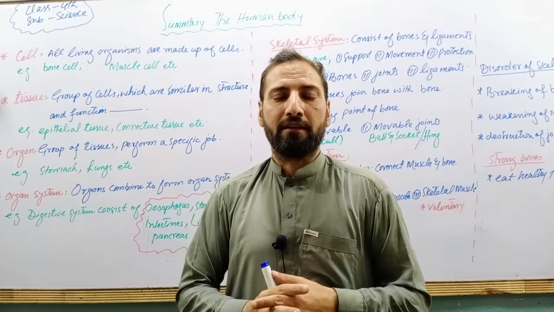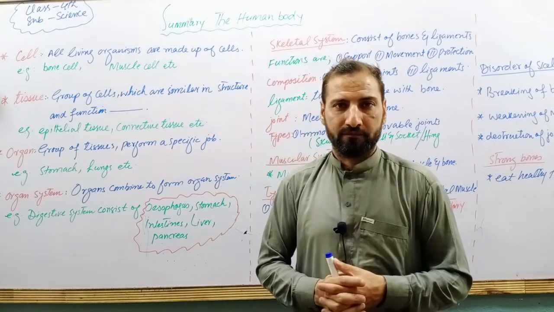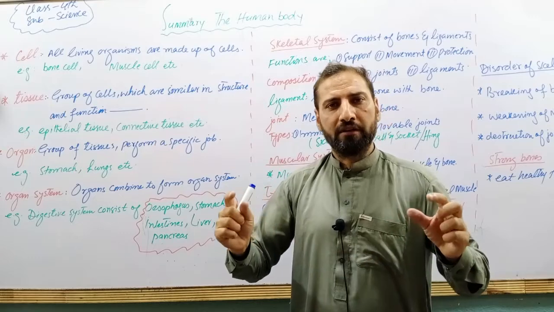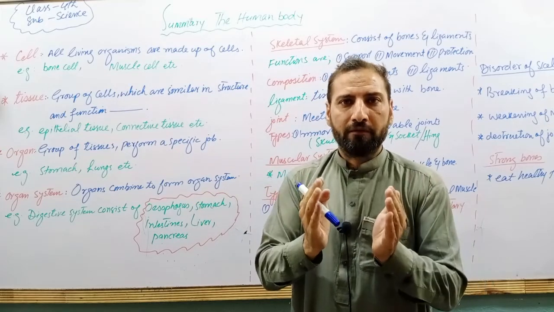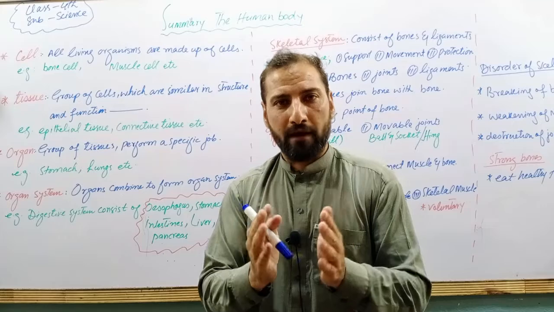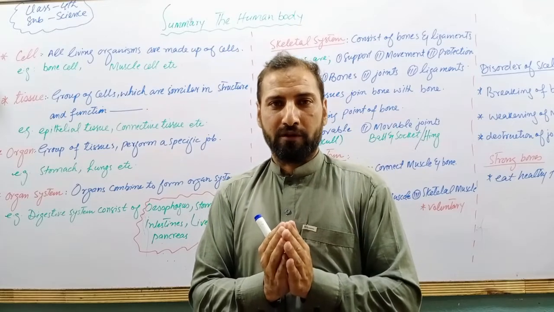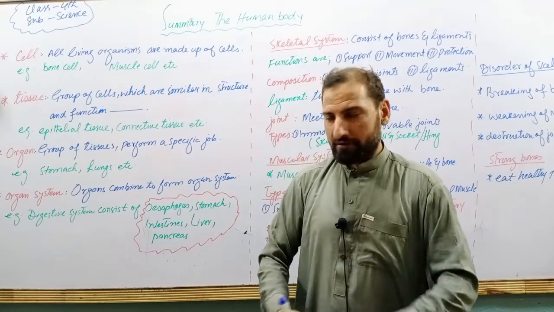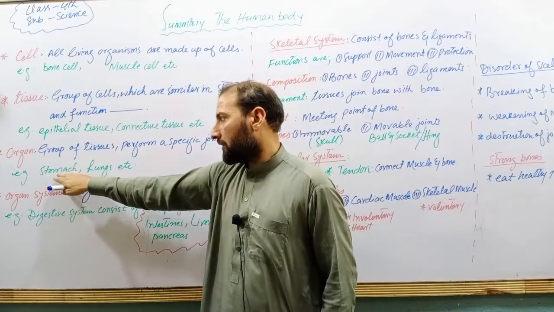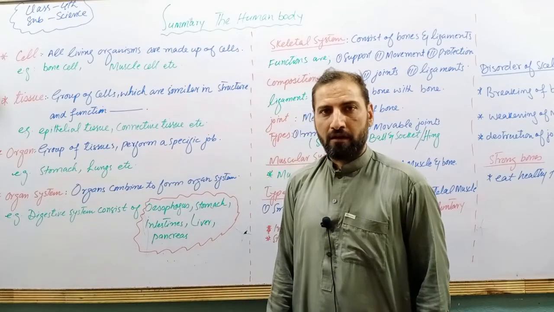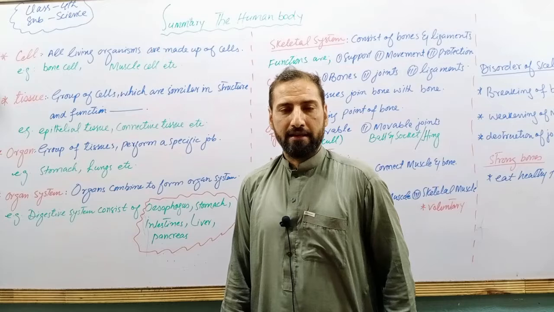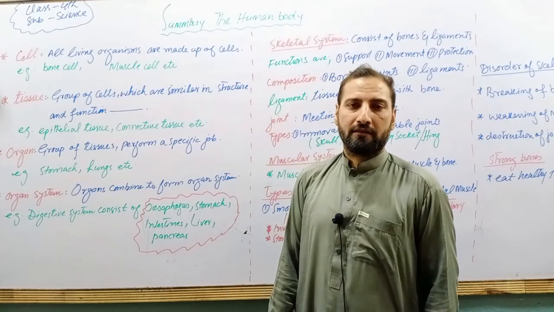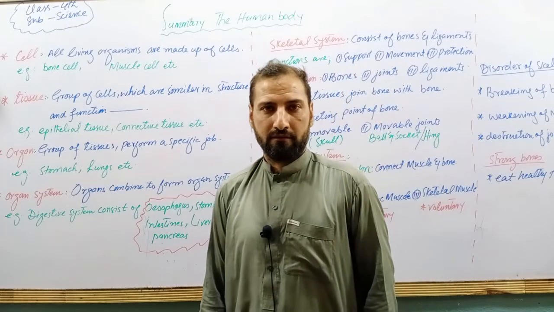That body part is called organ. For example, the stomach in your body is an organ. The heart in your body is an organ. The lungs in your body are organs. Okay?